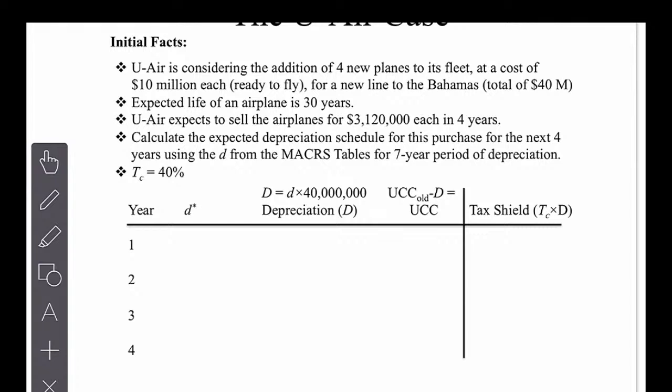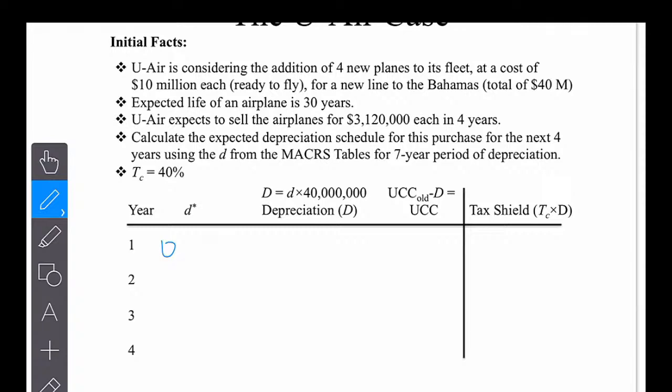So the schedule that you choose has nothing to do with the length of your project. You don't pick the 3-year one because your project is 3 years. You don't pick the 4-year one because your project is 4 years. You pick the one that I tell you to pick. And I'm just copying now from the 7-year schedule.